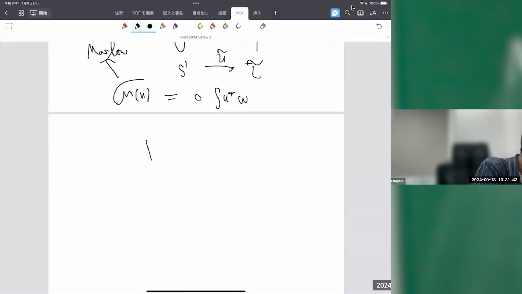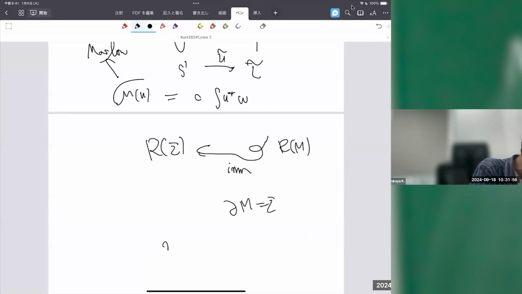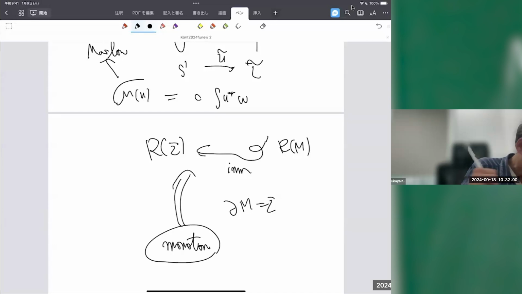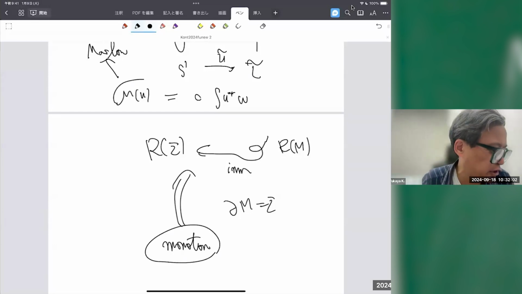If you have this R of sigma, then you have this immersed Lagrangian submanifold, R of M, where the boundary of M is sigma. Then this is immersed, but this is actually monotone in our sense. So in this case, it is not very bad, but it is monotone.